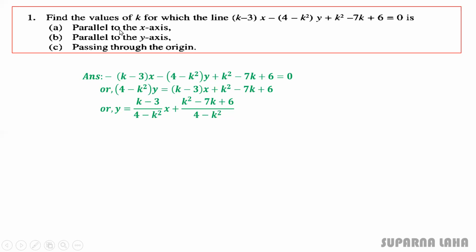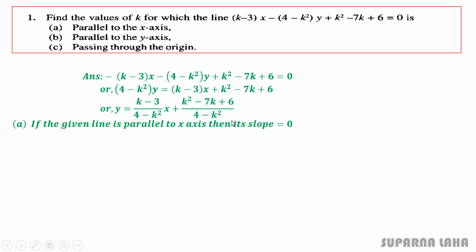Now, if the line is parallel to the x-axis, that means the angle between the x-axis and the line should be 0. That is tan 0 equals 0. That means the slope must be 0. According to the first condition, parallel to the x-axis, the slope of the line should be equal to 0.